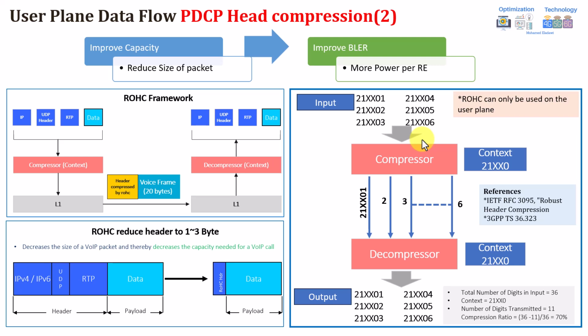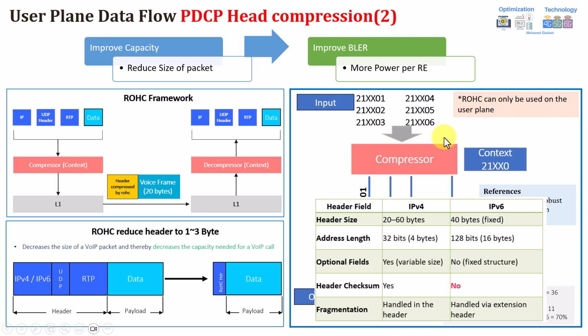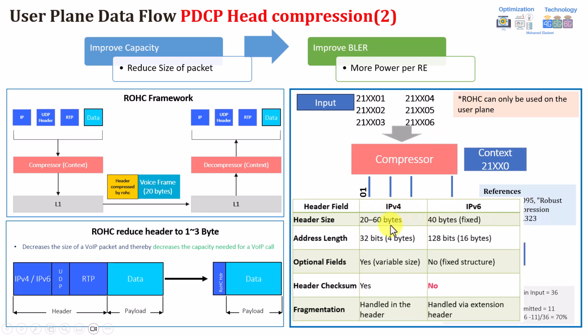So the IP header usually accounts for around 60% of the total payload. Assume that you have 60%. The IP header, usually for IP version 4, can be up to 60 bytes, and IP version 6 is 40 bytes.